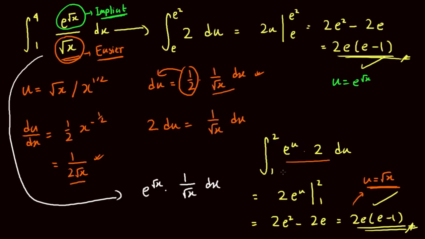It makes it so much easier to understand. Whereas for the other one, we had to use implicit differentiation, which made it a little more complex. And sometimes implicit differentiation might not work, so I suggest sticking with this one right away. This is the better way to do the problem.